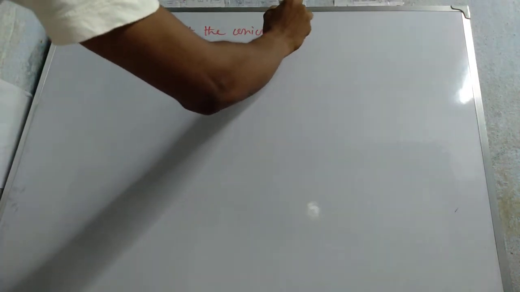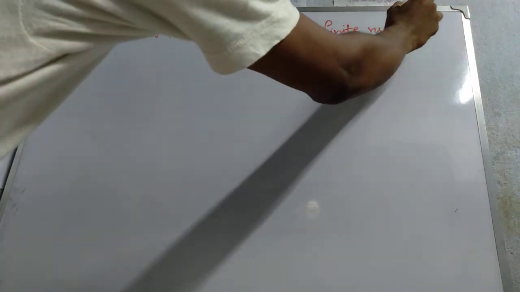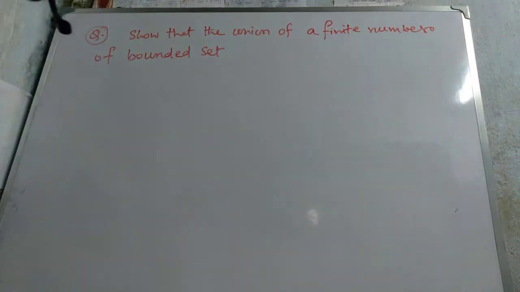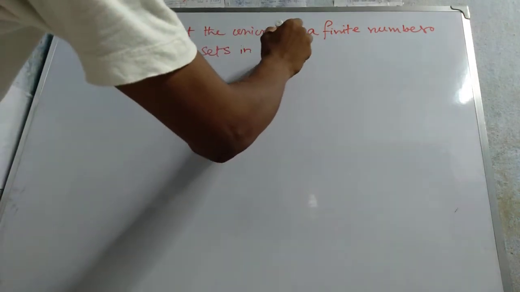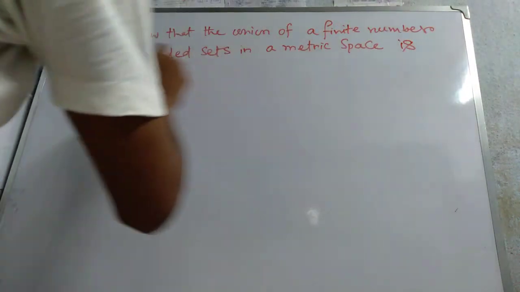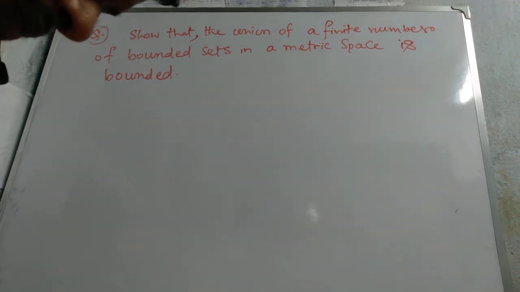So that the union of a finite number of bounded sets in a metric space is bounded. Okay, how do we do this problem?